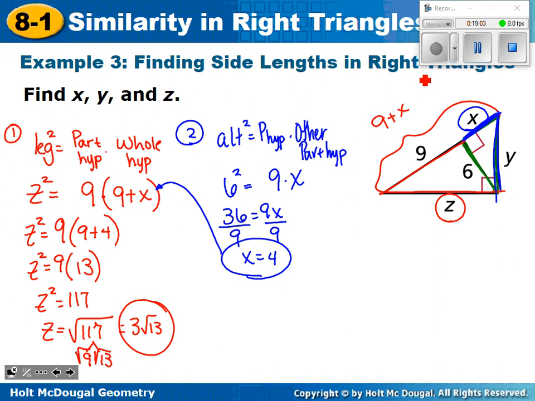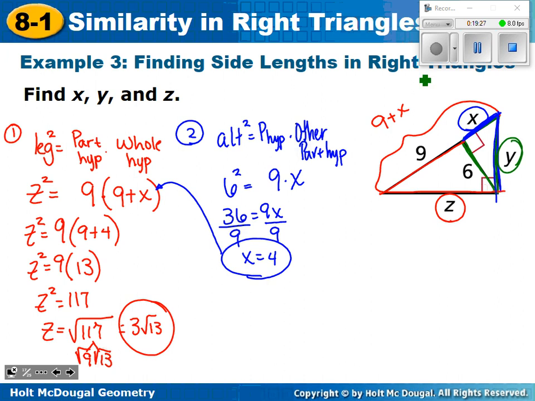Is this making sense? Okay, so what one do we have left to find? Y. Now that we know x and z, though, we could plug those in and use what? Pythagorean theorem. But again, I want us to practice these new theorems to get good at them. On the homework, you can use any of the theorems or Pythagorean theorem, okay? But just to practice, let's go back. Y now is a what in the picture?